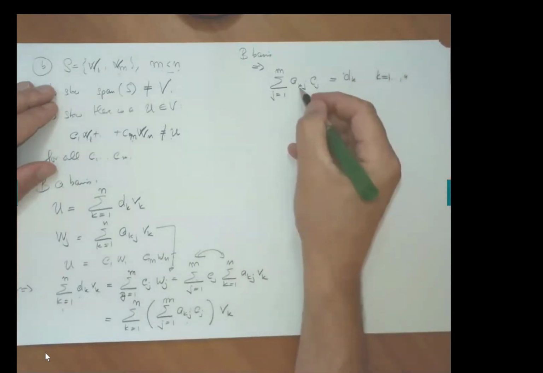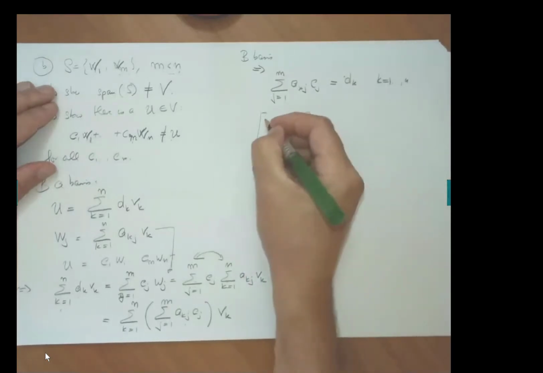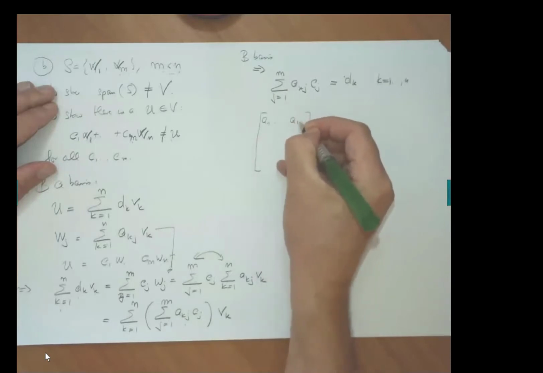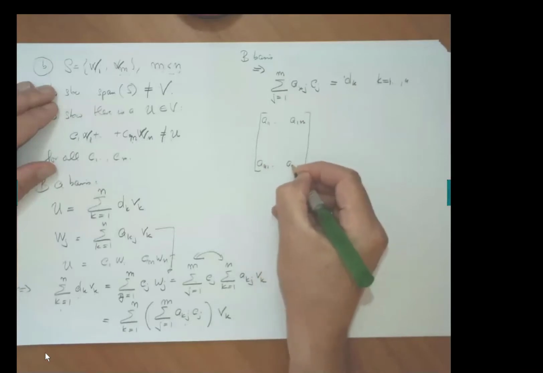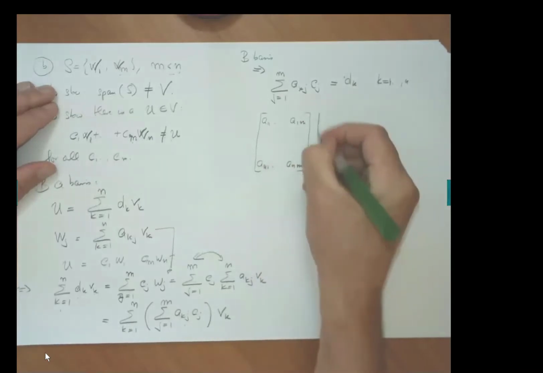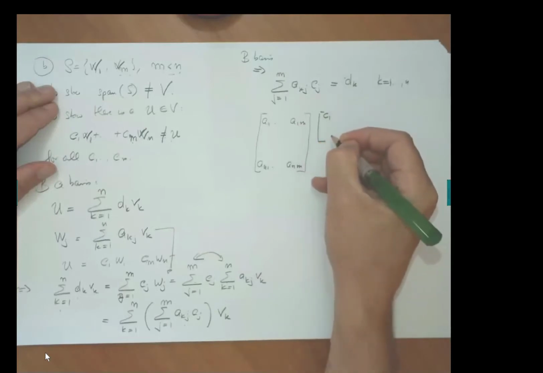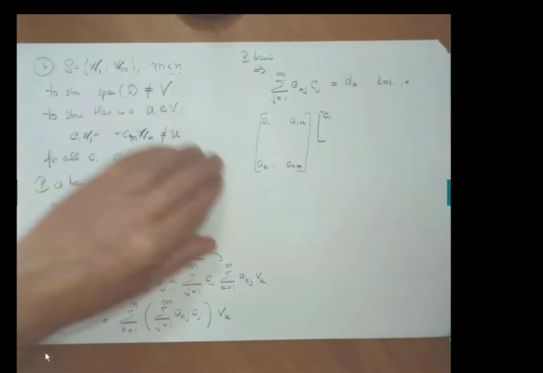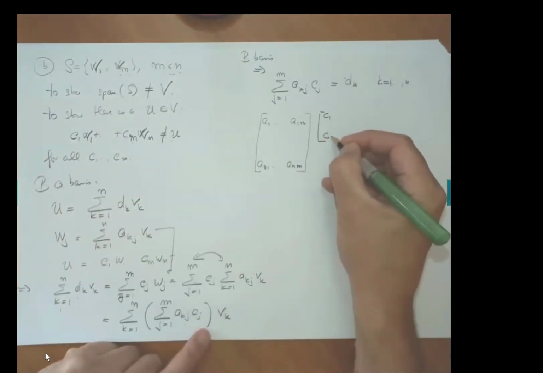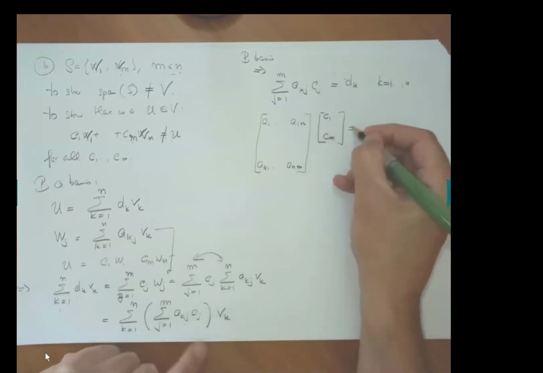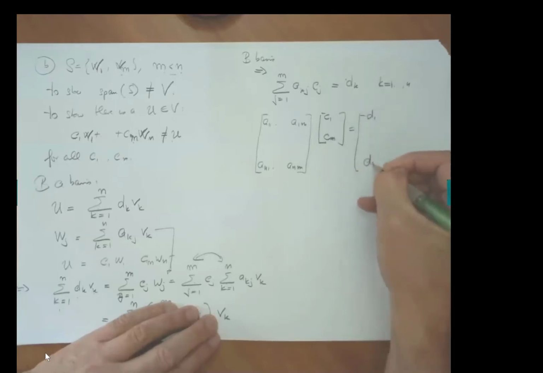Again, we can write this as a linear equation system. So here is a11 to a1m, and the last row would be an1 to anm, multiplied by c1 to cm equal to d1 to dn.